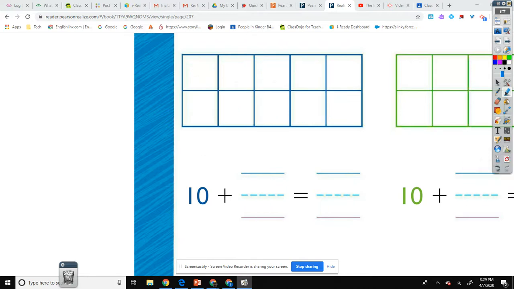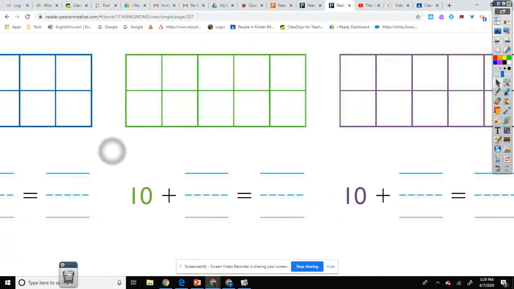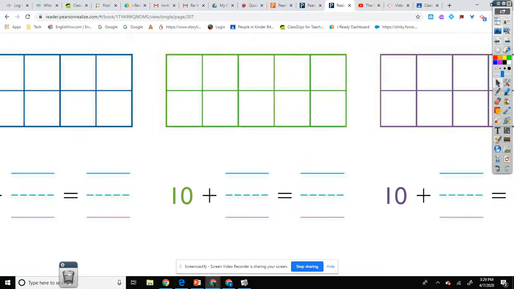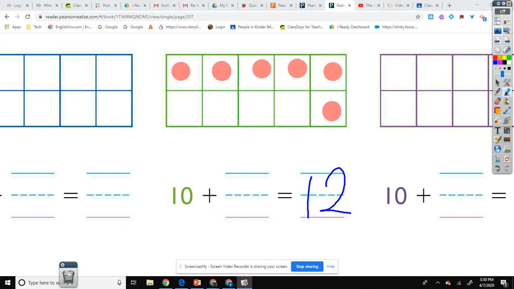All right, the next one, this is the middle one. At the bottom you mentioned 12. That's the next number. So 10 plus what equals 12? Well, let's do the picture first. A picture is worth 1,000 words. 1, 2, 3, 4, 5, 6, 7, 8, 9, 10.